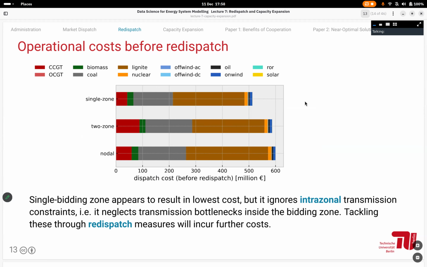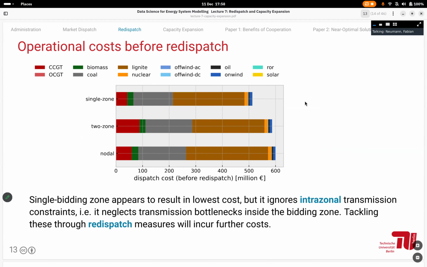The nodal pricing scheme could optimize around the transmission bottlenecks internally, whereas the single bidding zone doesn't see that, and then you might take suboptimal decisions or have to pay remunerations to the renewables in the single bidding zone case.